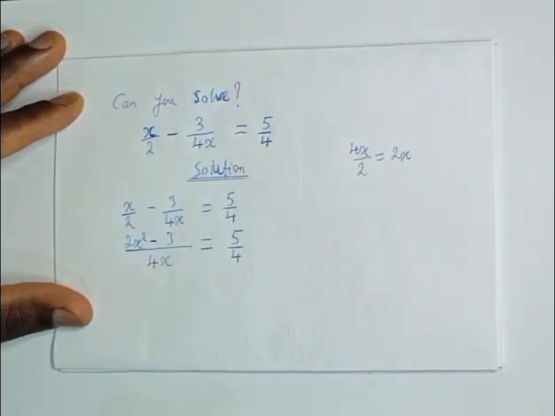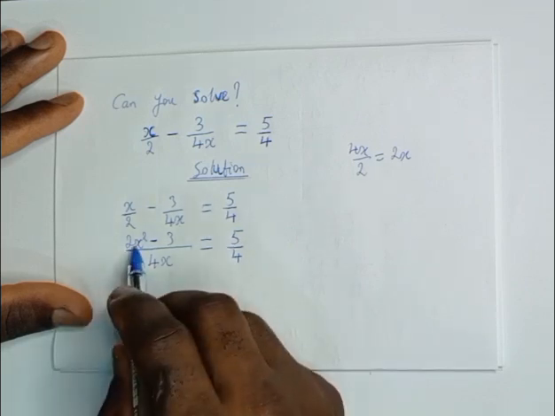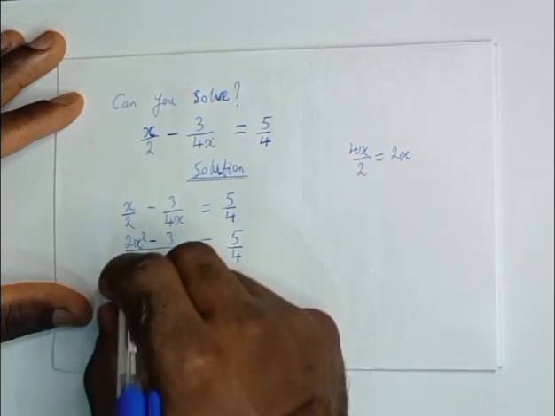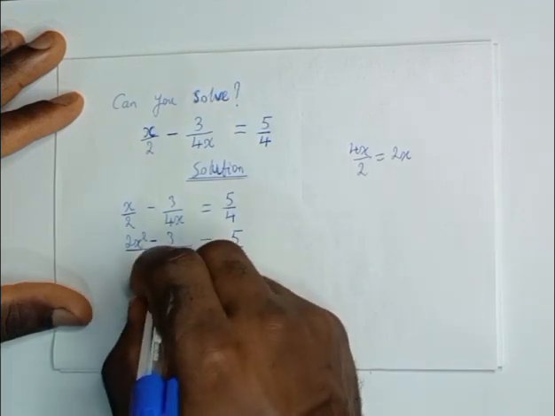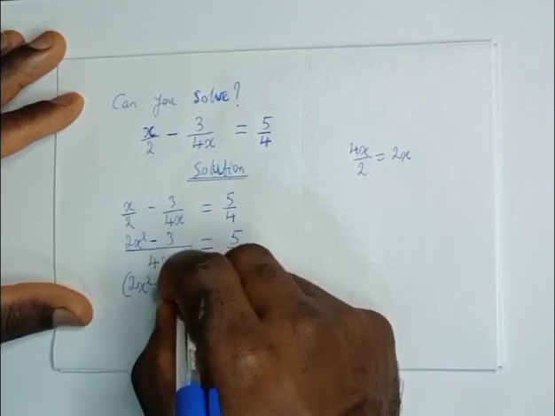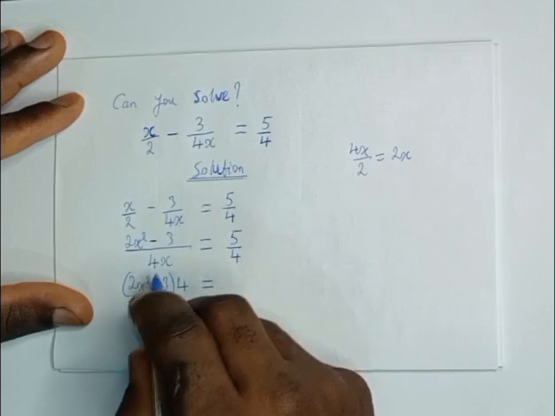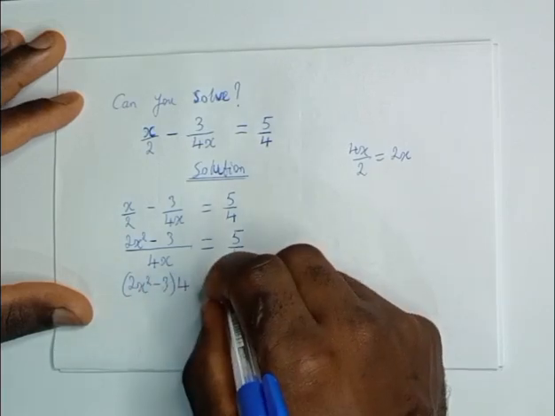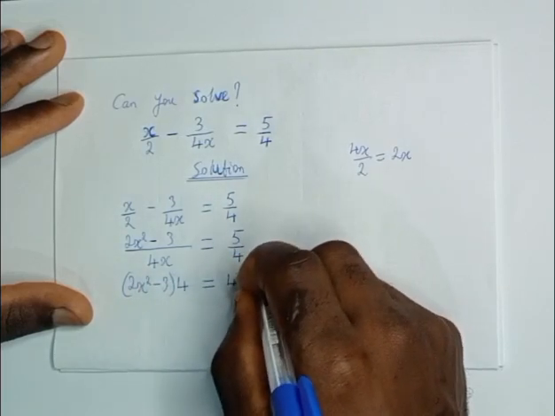The next step, we are going to perform cross multiplication. 2x squared minus 3 times 4 is equal to 4x times 5.